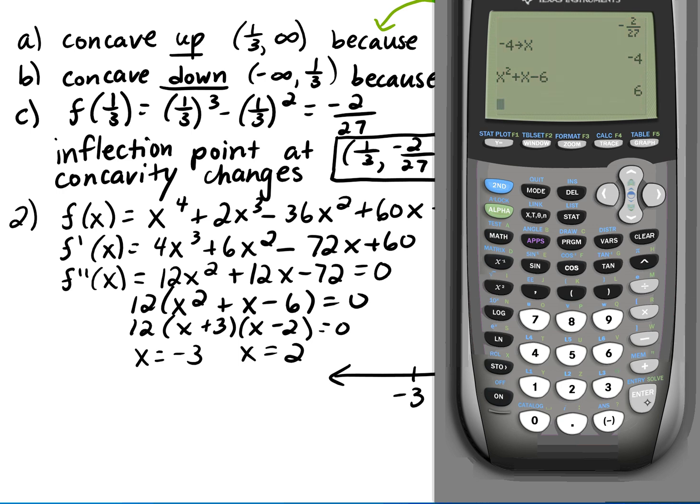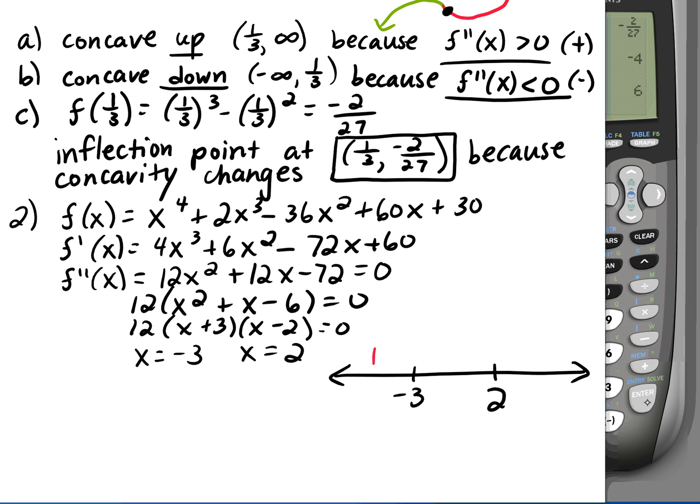So although normally I write these down, it's not necessary. You just have to kind of do, okay, that's positive, picking something in between. This one's an easy one. If I pick 0, so here I did f double prime of -4, came out to be positive. Then in the middle, I'm going to do f double prime of 0. That should give me -6. That's an easy one, so that's negative. I don't need the calculator for that.